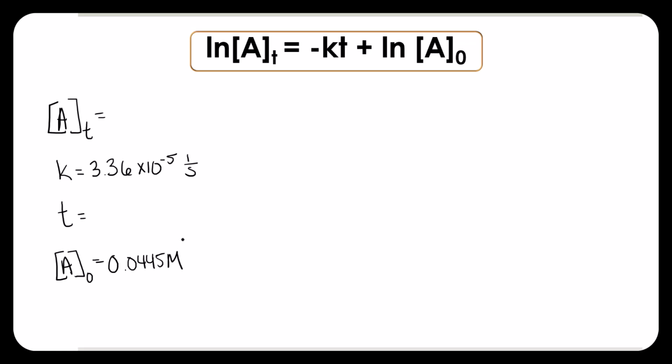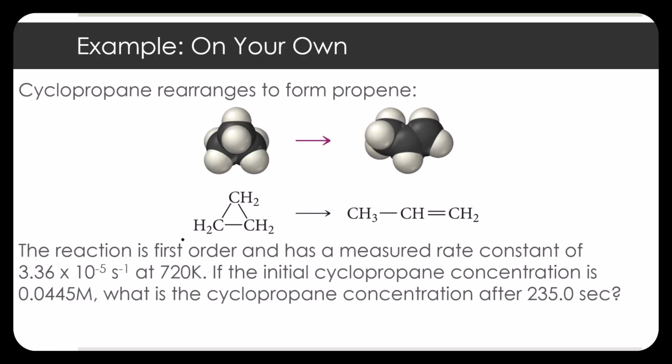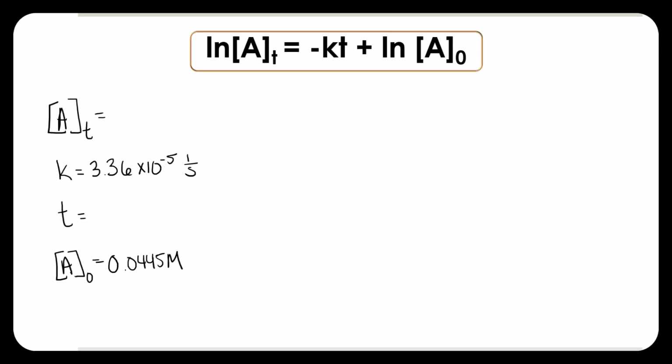What is the concentration after 235 seconds? So that's our time piece. Right, so we know 3 of our 4 variables. We just need to solve for concentration of A after that time has ticked by.